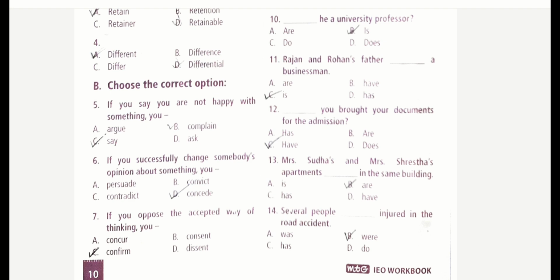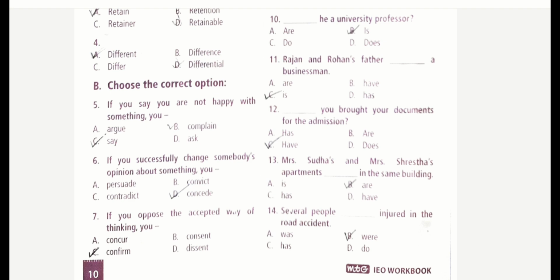We are contradicting. Or to deny the truth of a statement or claim. So what is the meaning of concede? Concede means to admit or acknowledge that something is true, valid, or correct, often after initially resisting or arguing against it. Okay, so you understood the meaning of the options.